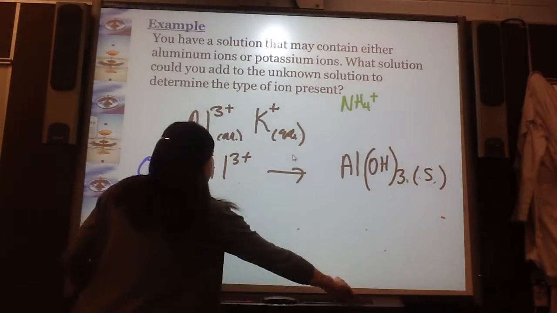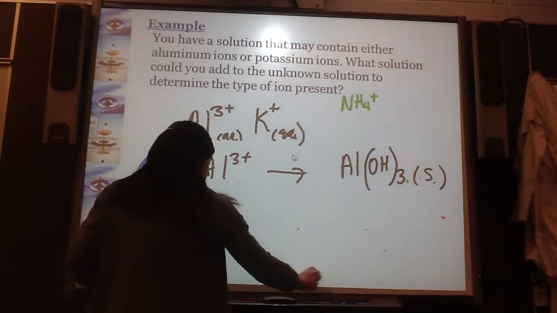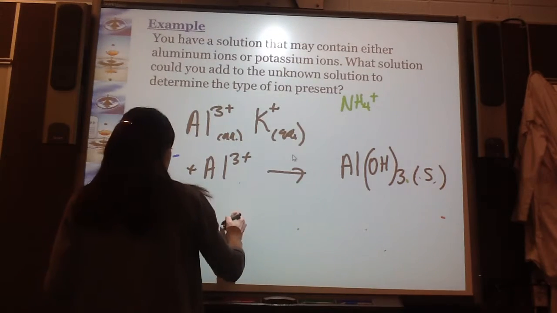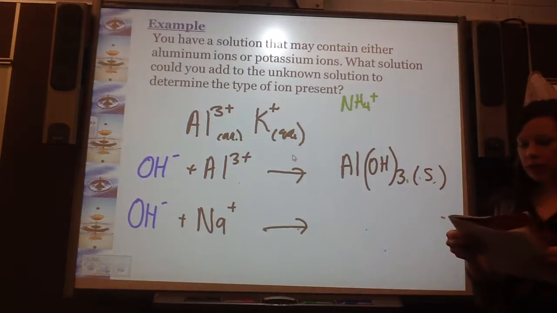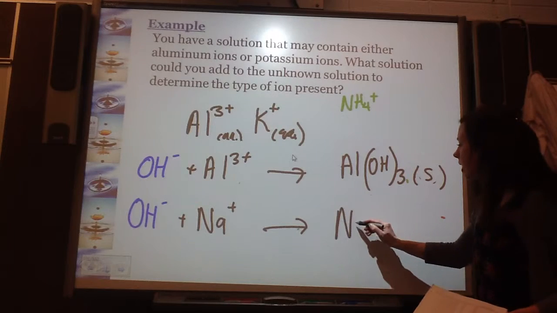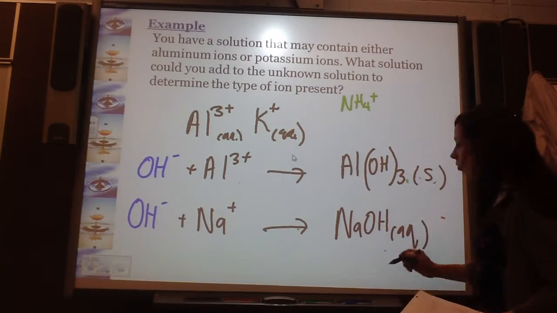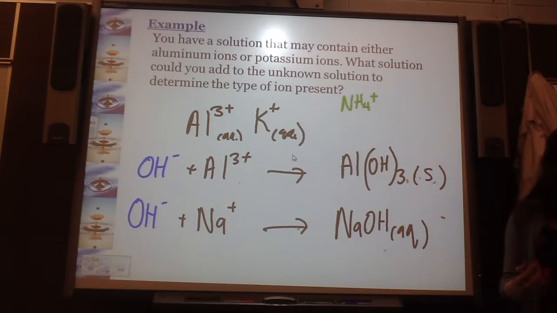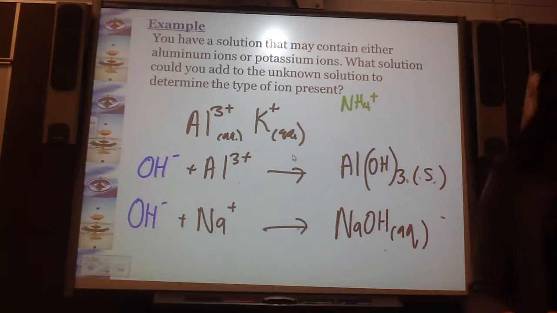But now let's see if I took OH minus and added Na plus. If I go to my solubility chart, Na plus is a group 1 ion, so it definitely fits in the soluble category. So then that's NaOH aqueous. So that definitely is a great answer, using OH minus.